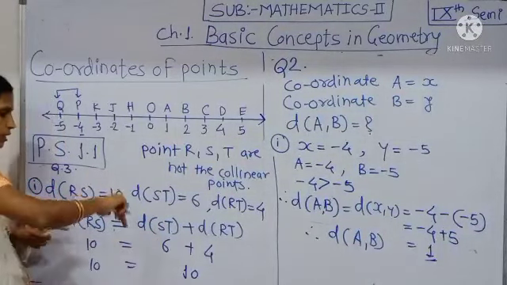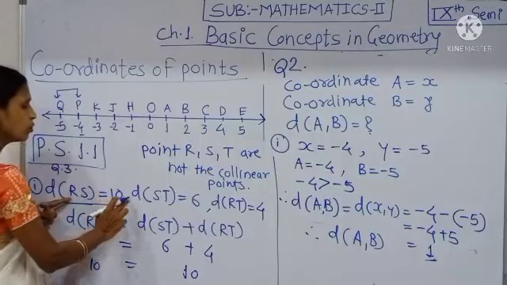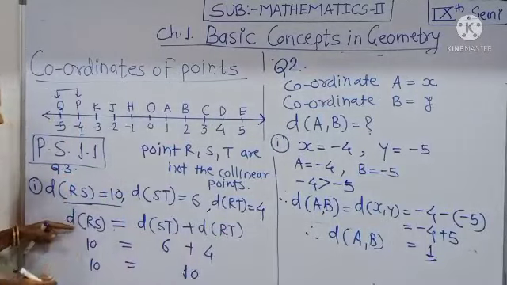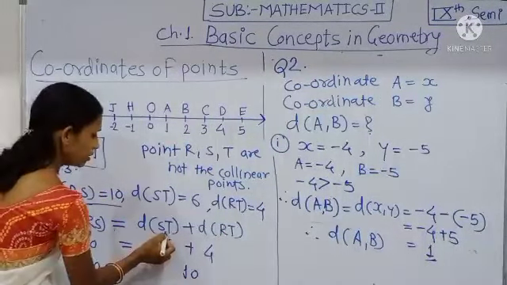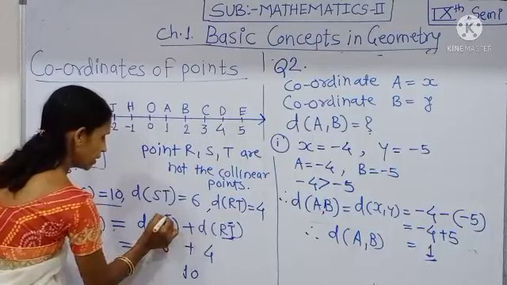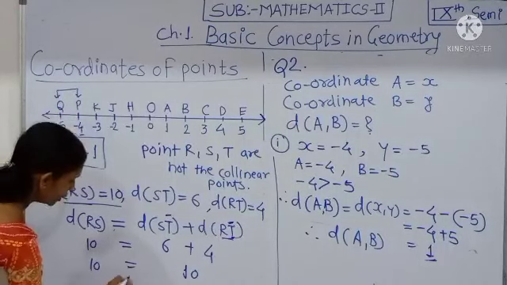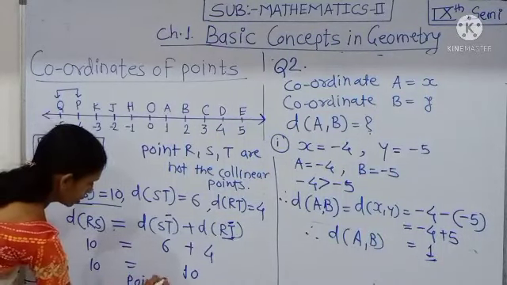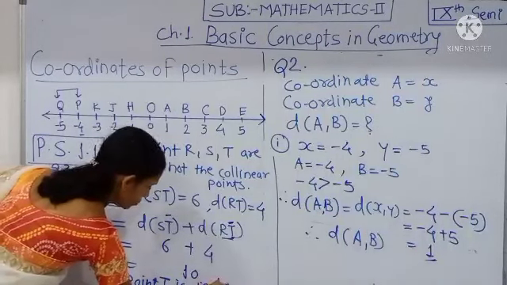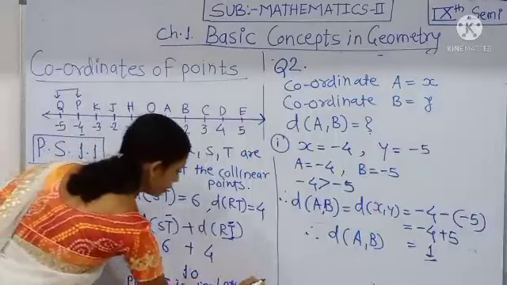Then we can say that DRS is equal to DST plus DRT, and here in ST and RT, T is common, therefore we can say that point T lies between S and R.